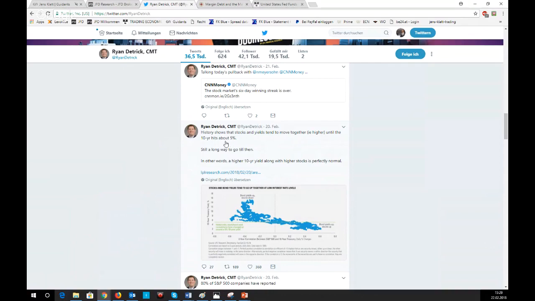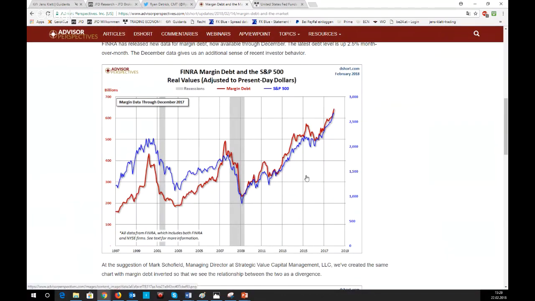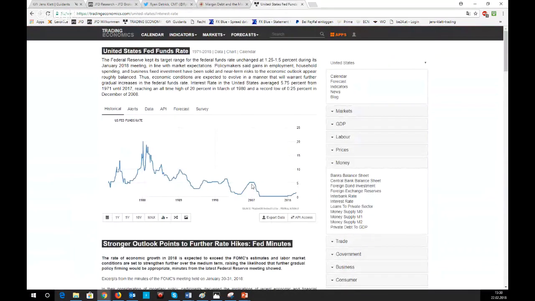This is all in all a very interesting statement, because it usually means that if yields rise, stocks should go up. If you look at the past, the thing is, we haven't seen such a leveraged market environment before. And again, let's come back to this chart. Even though we are going quite aggressively back, here you can see 1980, that was Volcker back then fighting inflation, which also resulted in the crash in gold.